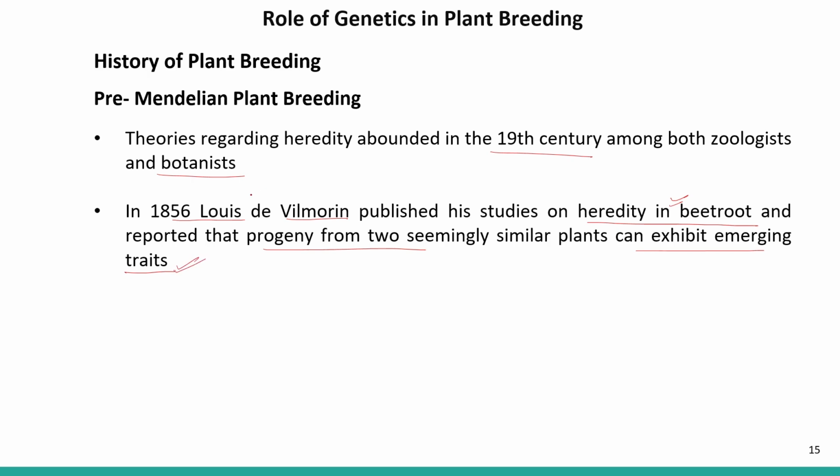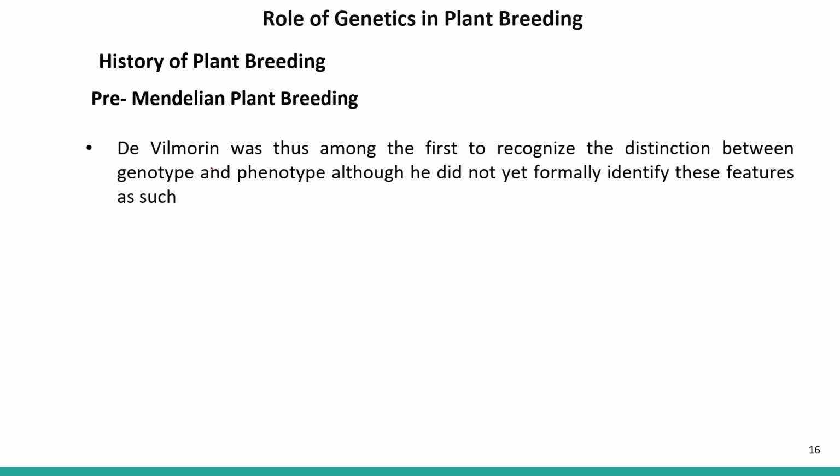So this was among the earliest published work on the hereditary background, taking beetroot as an example. De Vilmorin was thus among the first to recognize the distinction between genotype and phenotype, although he did not yet formally identify these features as such.